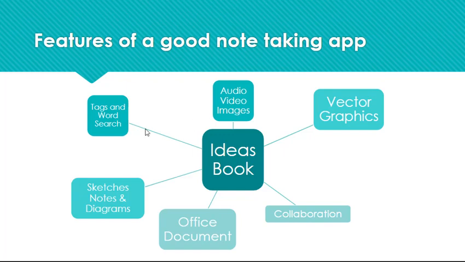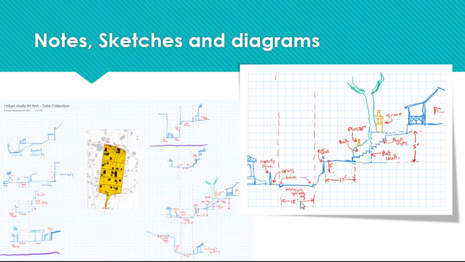To have media files, to be able to search for things quickly, right? It should be able to take things like sketches and of course office documents, Word, PowerPoint, and so forth, and of course it has to be great with collaboration. So whatever tool you decide to use in the future, these are some features of a great note-taking app. And of course OneNote does all of these pretty well, right?